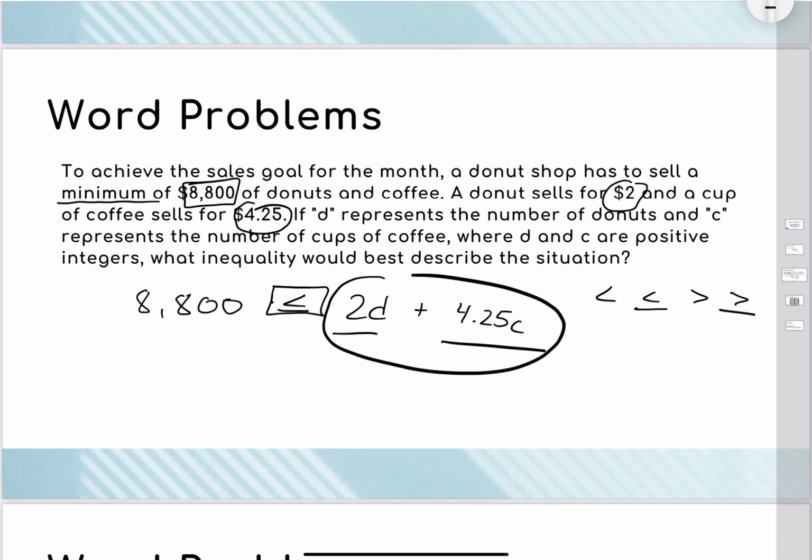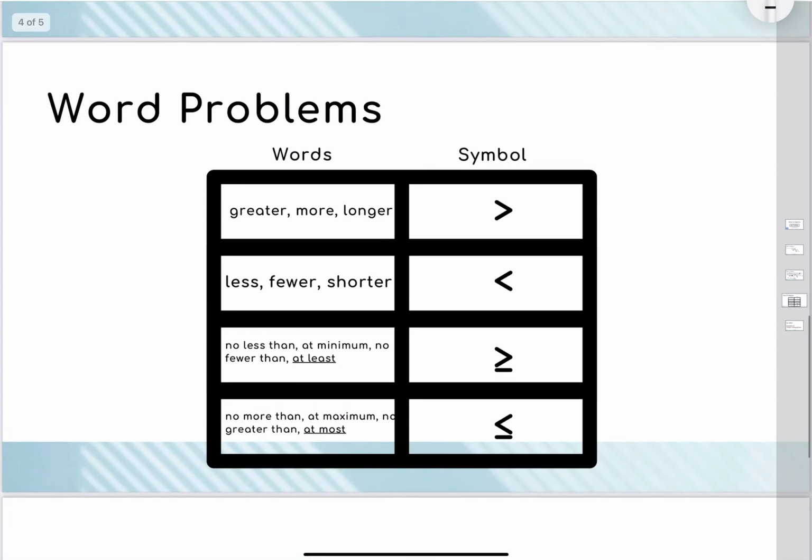So 8,800 is less than or equal to 2D plus 4.25C would be our answer. Or if we did it flipped or inverted, it would be 2D plus 4.25C is greater than or equal to 8,800.